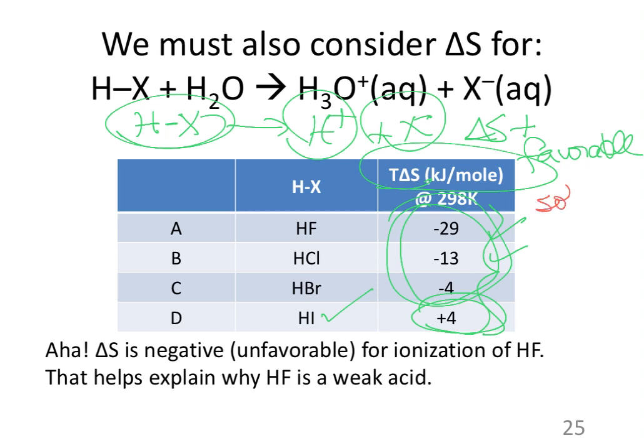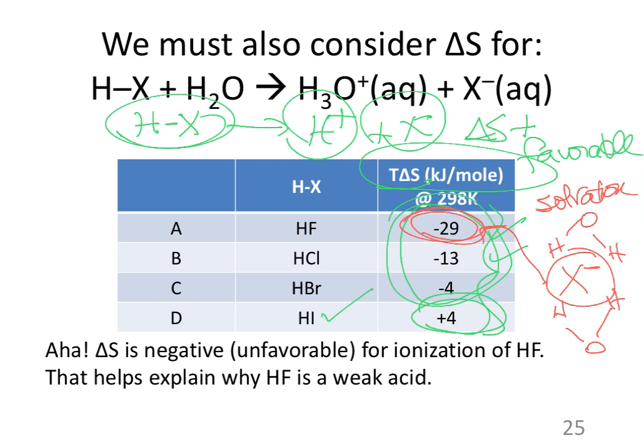Due to solvation, remember I showed you that, for example, let's solvate an anion, that it's kind of like the water molecules are putting the ion in jail. They're reducing the freedom of motion, therefore reducing the entropy. And it turns out that that effect for hydrogen fluoride is really pronounced. Okay, so delta S for hydrogen fluoride is very unfavorable, and that's got to be contributing to the overall acidity of hydrogen fluoride.